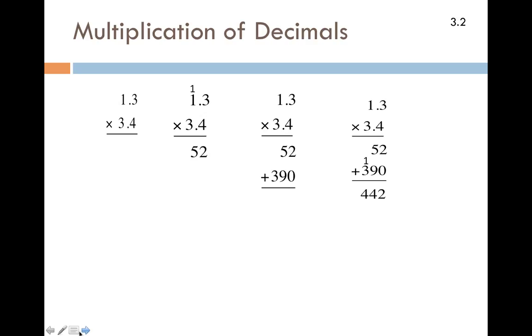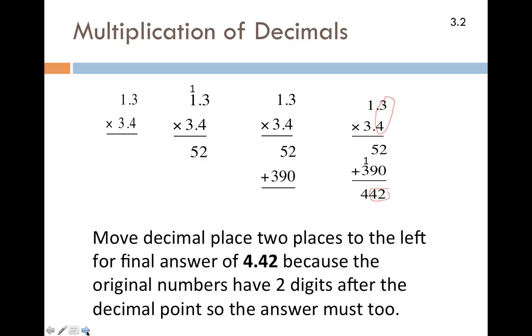That gives us 442. And here's the trick. We've got 2 numbers behind the decimal here, so we've got to have 2 behind the decimal in the answer. And there we see it right there. So that's 4.42.